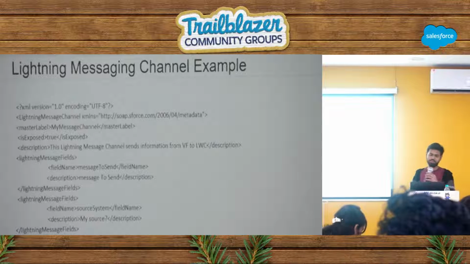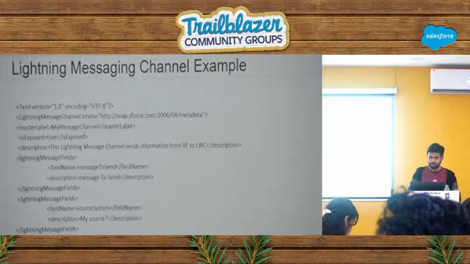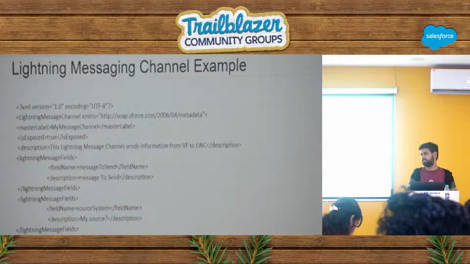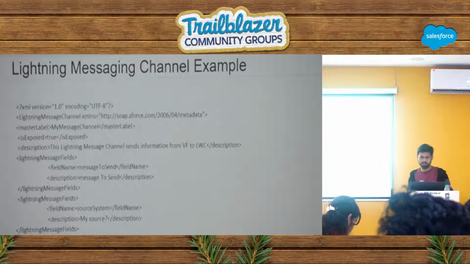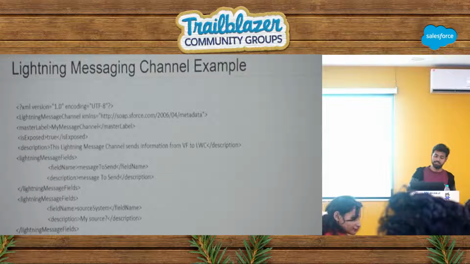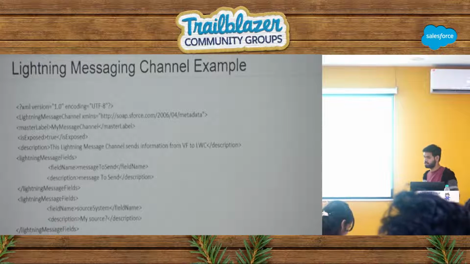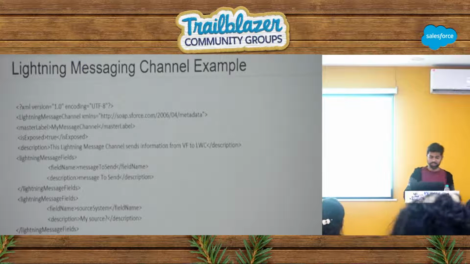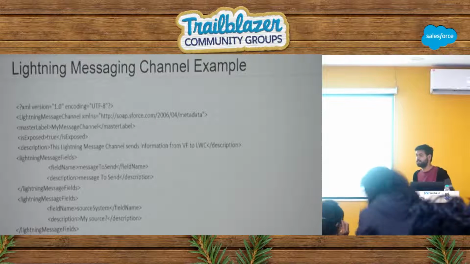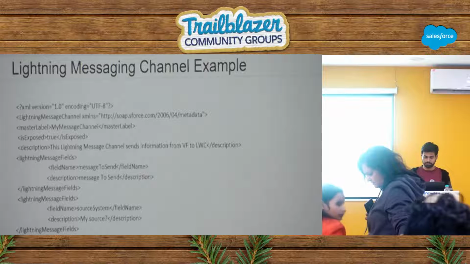In order to create a message channel, you first have to go to the default directory, and under it you have to create a new directory with the name messageChannels. Once you create the messageChannels directory, inside it you have to create a Lightning Message Channel file, and the extension should be .messageChannel-meta.xml.